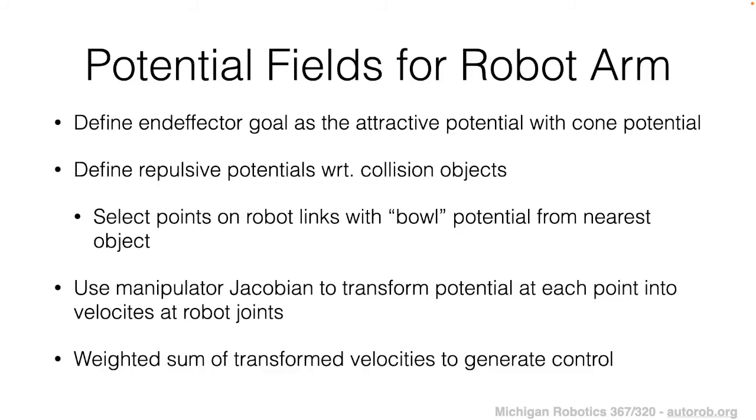To do this, we could select points on the robot links with a bowl potential from the nearest object. So we'd have to calculate, for each of those points, what the nearest object in the world is to define these potentials. Then, once again, we could use our manipulator Jacobian to transform the potential at each point into velocities at the robot joints, and then take the weighted sum of these transformed velocities to generate a control term.